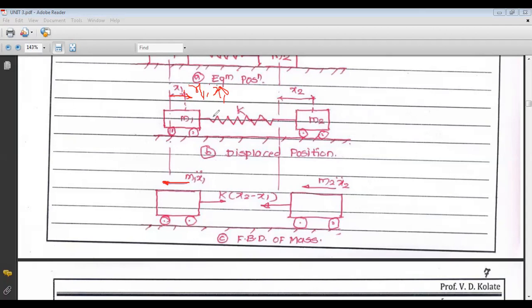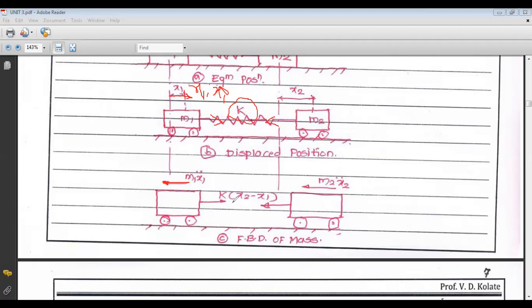Then this is the spring force direction, which opposes the displacement. So k into x2 minus x1. So k is the stiffness and the total displacement is x2 minus x1. So k into x2 minus x1.